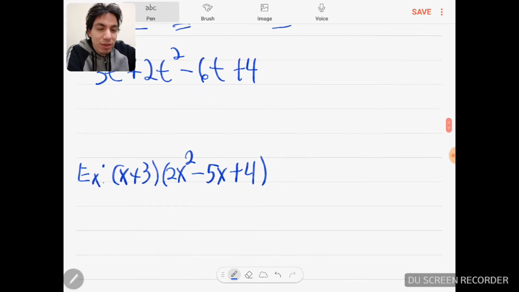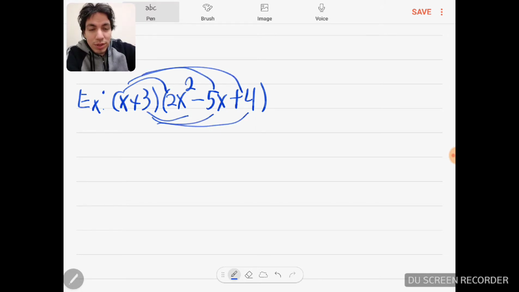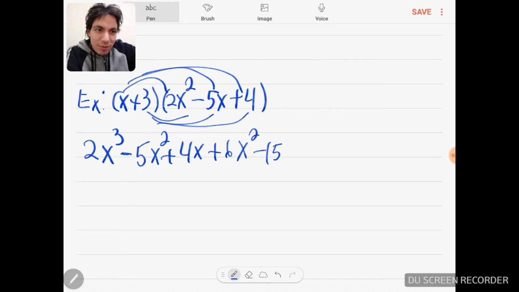Okay, just scrolling down. We got another one. So 1, 2, 3, 1, 2, 3. For the first term, x times 2x squared is 2x to the third. x times negative 5x is negative 5x squared. x times 4 would be plus 4x, and then I'm left with plus 6x squared minus 15x plus 12.